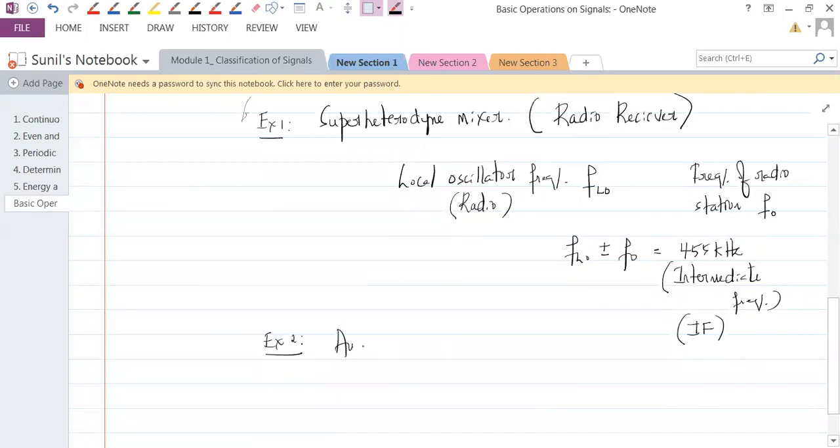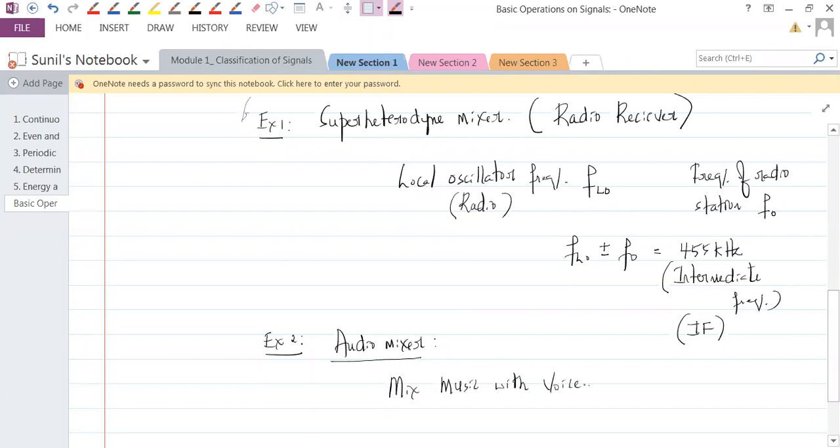Audio mixer, which you find with music directors, maybe you can call. What do they mix here? They mix music with voice.